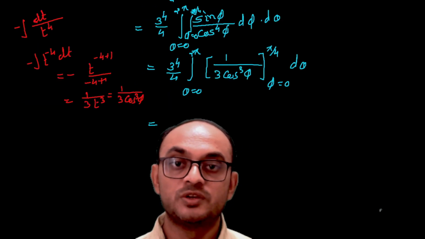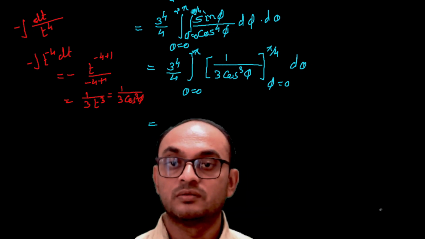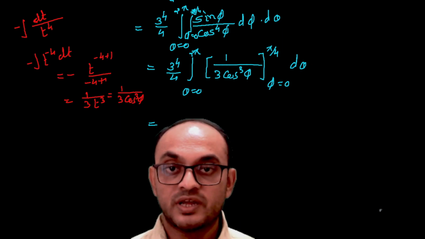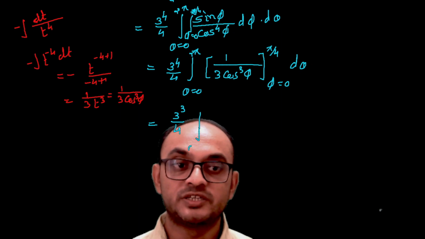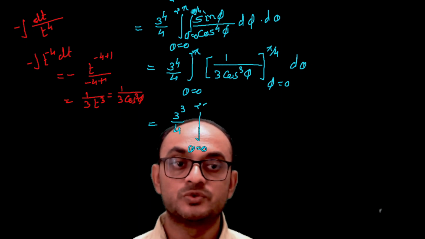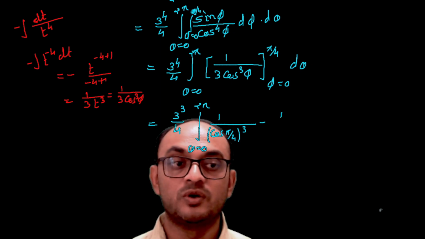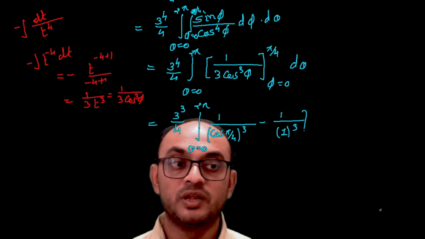And so this is equal to, this 3 we can take it outside. So 3 raised to 4 divided by 3 becomes 3 raised to 3 divided by 4. Integration theta is equal to 0 to 2 pi, 1 upon cos pi by 4 whole cube minus, when phi is equal to 0, 1 upon cos 0 is 1 cube d theta.